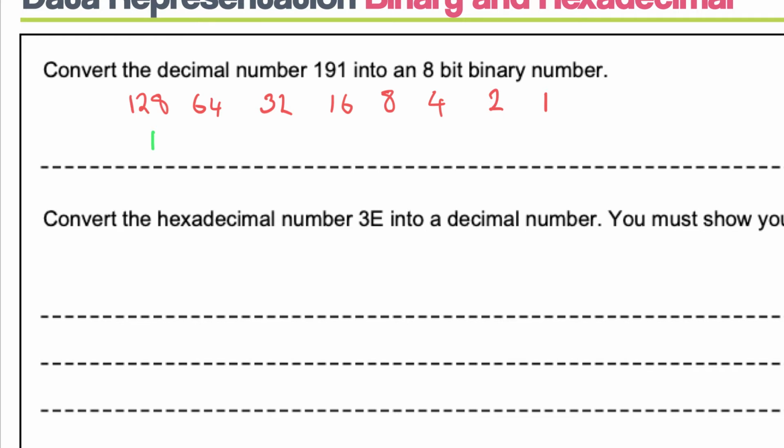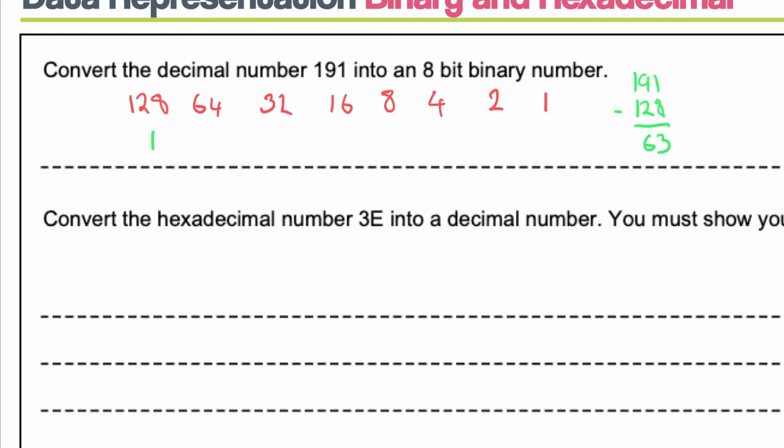Now I want you to imagine that you can sort of pour some of those numbers away because you've allocated them, and then you've got 191, take away 128 because that's how much you stored. 191 take away 128 is, I believe, 63. And then you continue with the process and you'd say, can you fit 64 into 63?